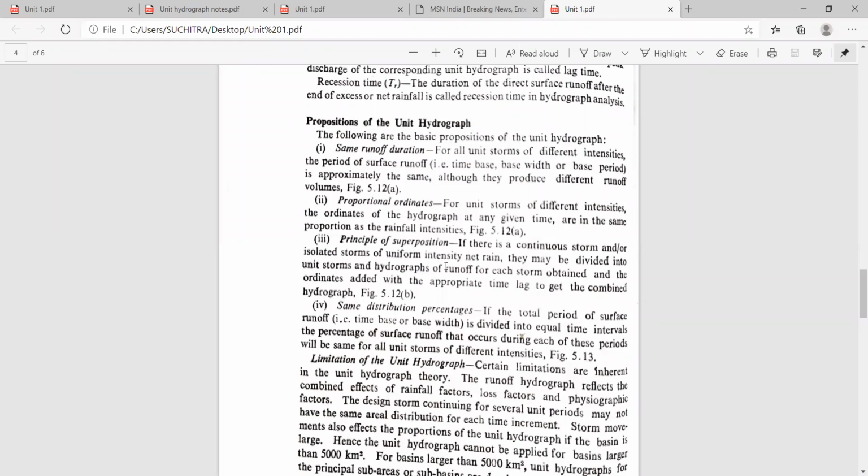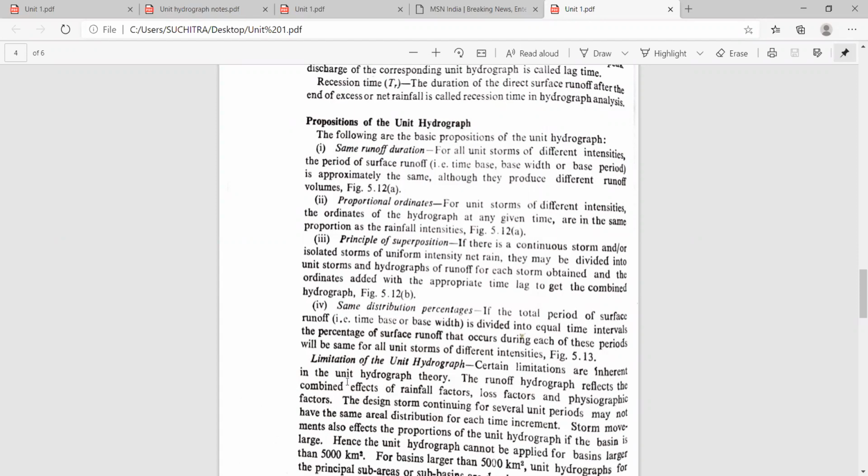Then you can combine all those and get a combined hydrograph. The fourth one is same distribution percentage. If the total time period of the surface runoff of the unit hydrograph is divided into equal time intervals, the percentage of surface runoff that occurs during each of these time periods will be the same for all unit storms of different intensities. So these are the propositions, also called the assumptions, made in the derivation of the unit hydrograph.